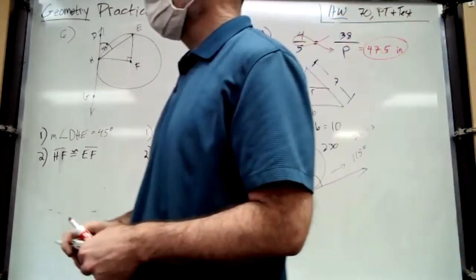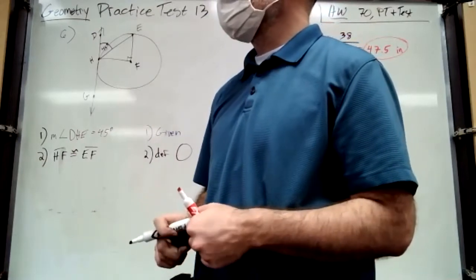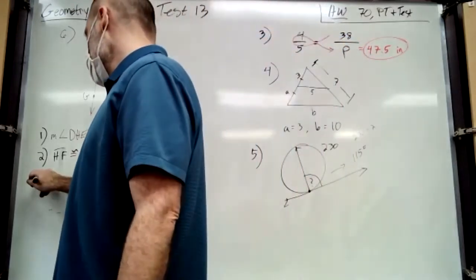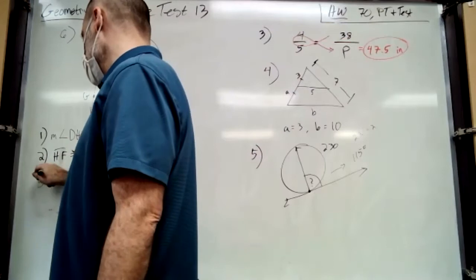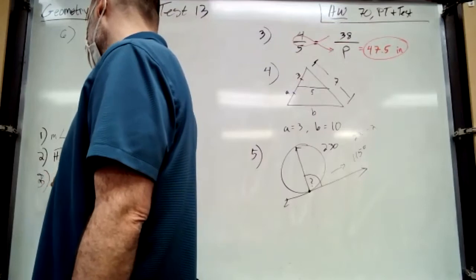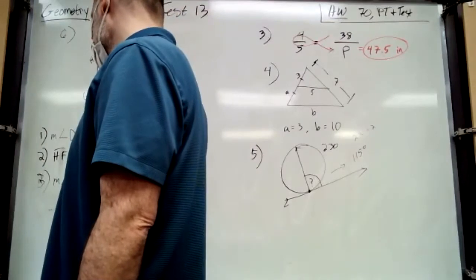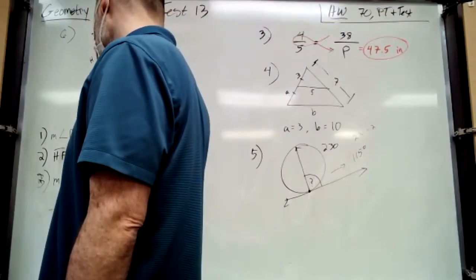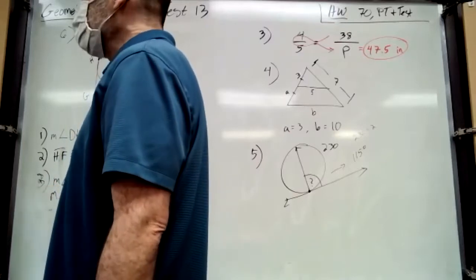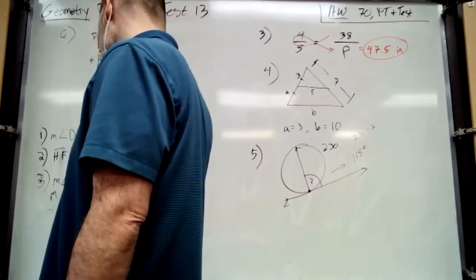So therefore, we can say that basically angle FHE equals 45 degrees, and also the measure of angle FEH is 45 degrees. Why?